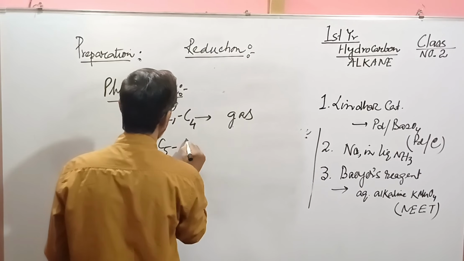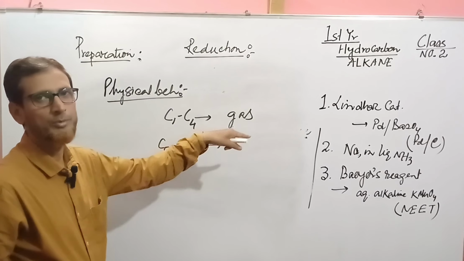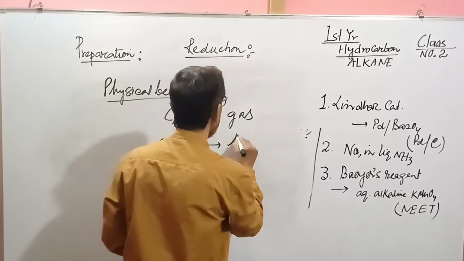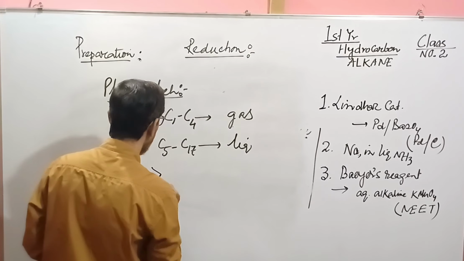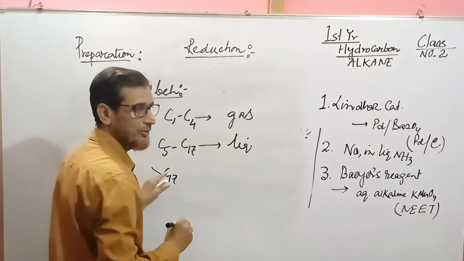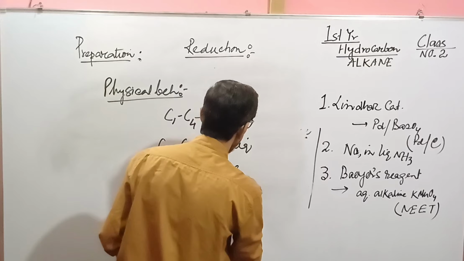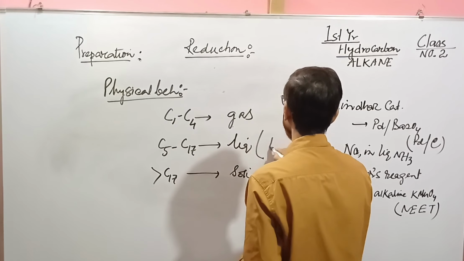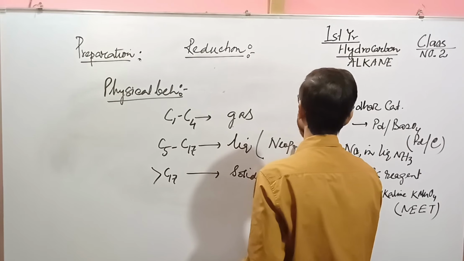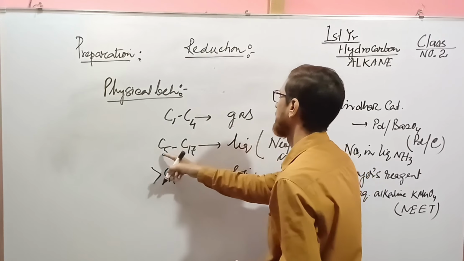From carbon 5 to carbon 17, it is liquid, and if it is more than 17, meaning carbon 18 onward, that will be solid. And there is one exception, neopentane. Neopentane is gas.